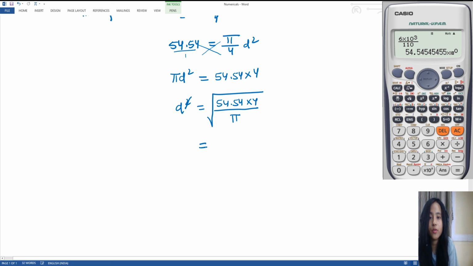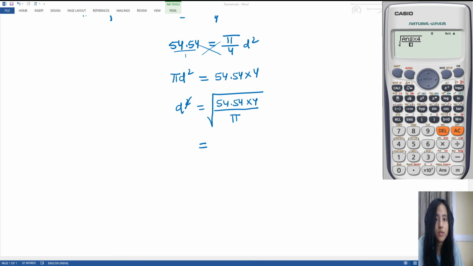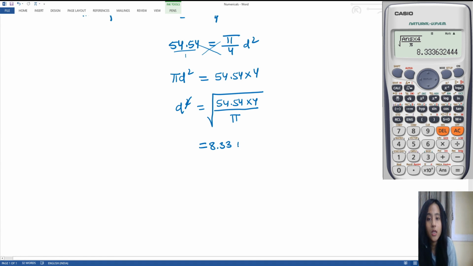So the diameter is the root of area into 4 divided by pi, which is coming 8.33 mm. So this is the diameter.